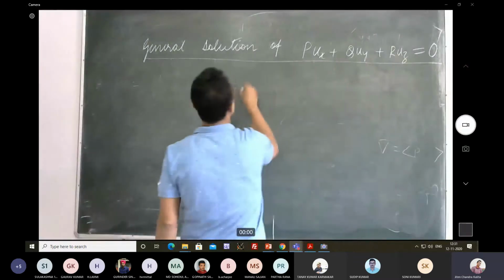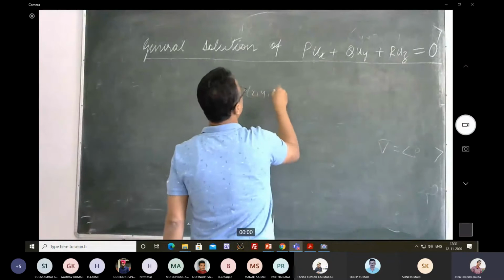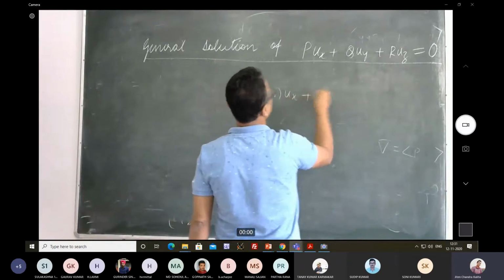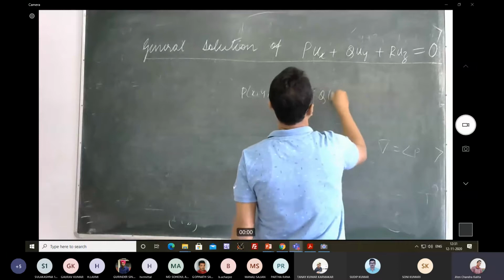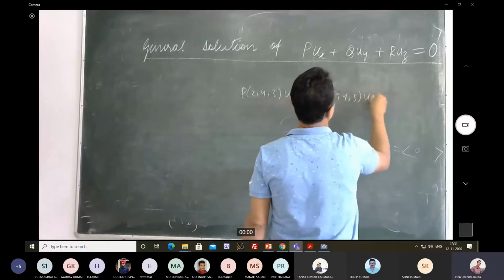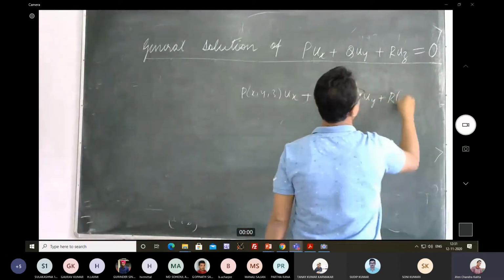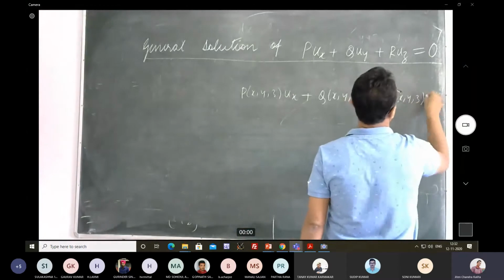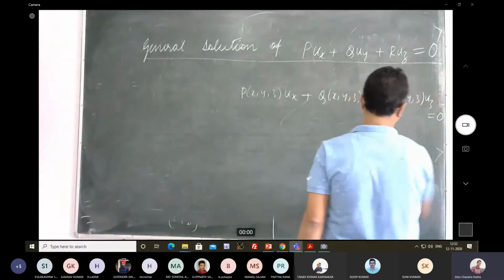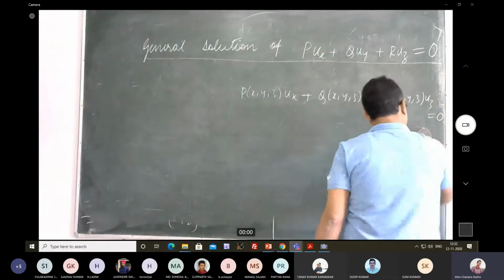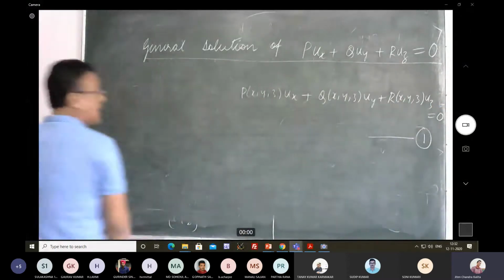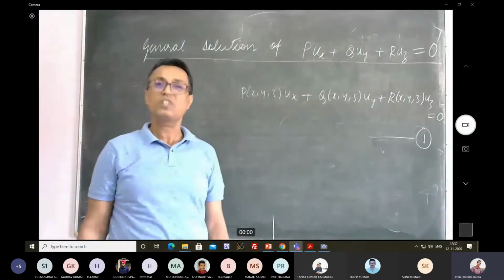Basically, P is a function of x, y, z. You know that. Similarly, Q(x, y, z) u_y plus R(x, y, z) u_z equal to 0. Okay. So suppose this is an equation, and I am seeking a general solution for this equation.